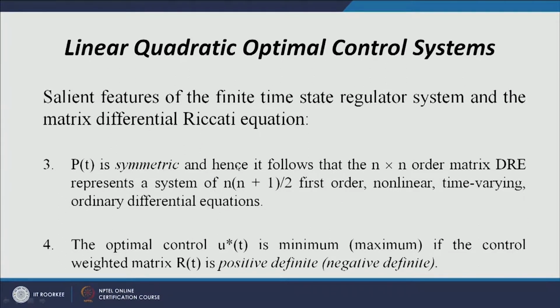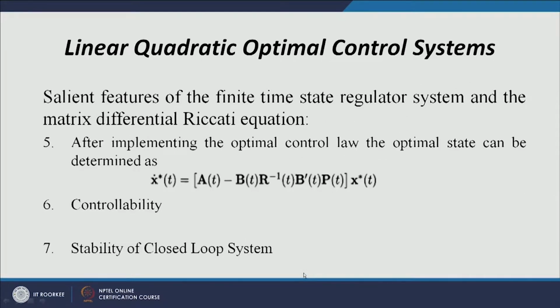Because P(t) is symmetric, the total number of matrix differential Riccati equations is n(n+1)/2, where n is the order of my system, and for u star to be minimum, R(t) should be a positive definite matrix. We have a closed loop implementation as A(t) minus B(t) R inverse B prime P(t).